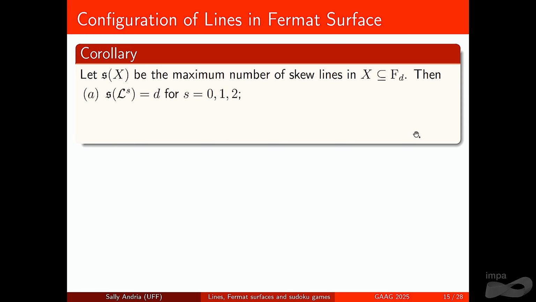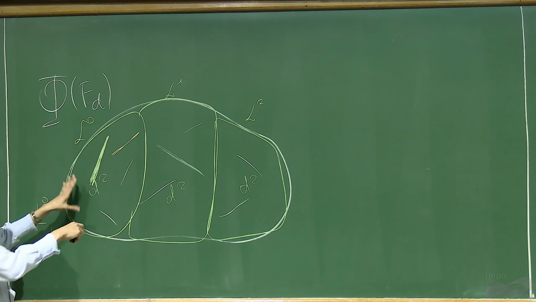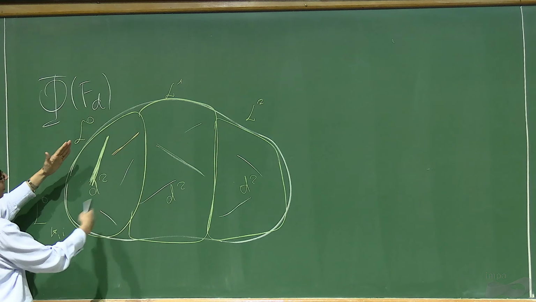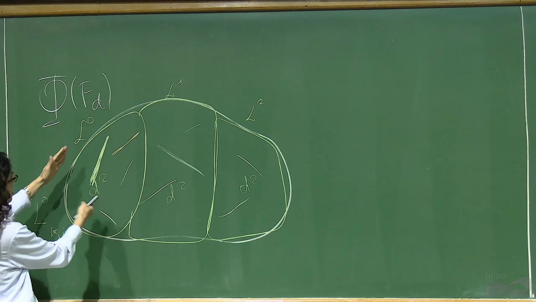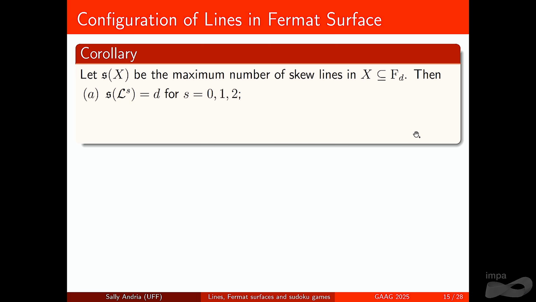Okay, but we talk about lines on the Fermat surface, and now we are interested in looking for skew lines. And first of all, we look at the number of skew lines inside these subsets of the stratification. So when we look at these subsets, we can see that the maximal number of skew lines is D. And when you look at the union of these subsets, it's 2D.